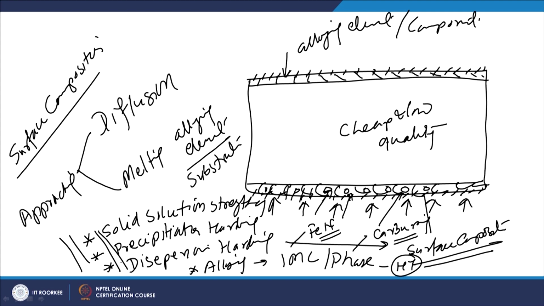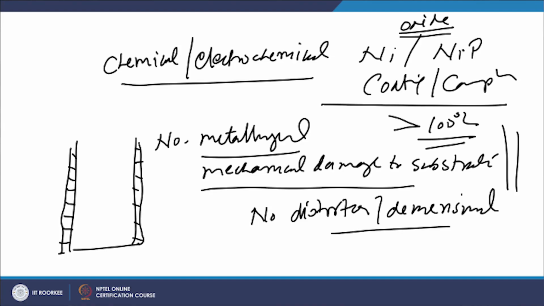There are various approaches for modifying the surface composition, and the surface layers of different materials are developed. One method is where chemical or electrochemical reactions are used.